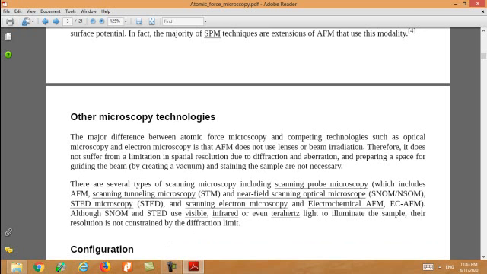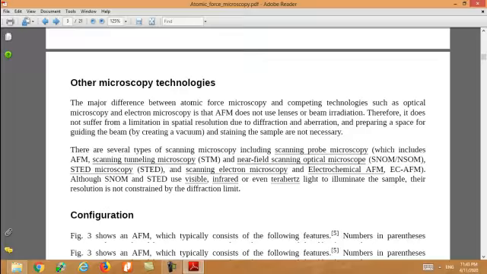There are several types of scanning microscopy, including scanning probe microscopy. These include AFM, scanning tunneling microscopy, near-field scanning optical microscopy, scanning electron microscopy, electrochemical atomic force microscopy, etc.